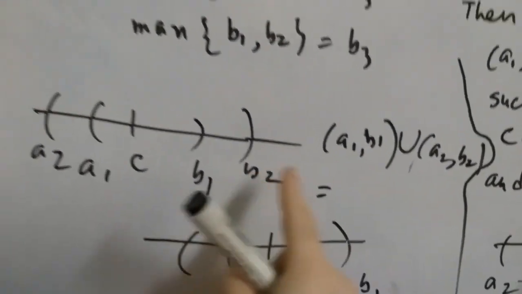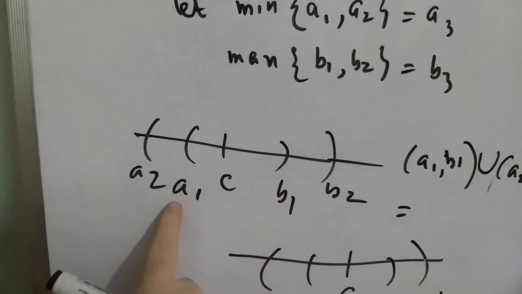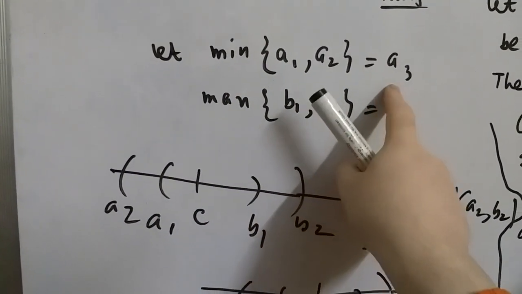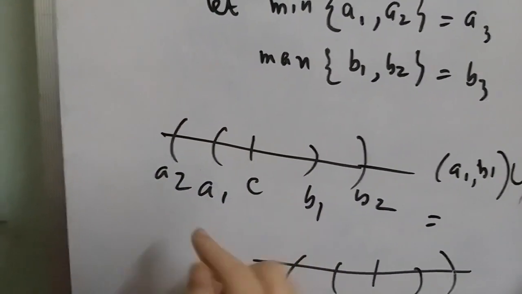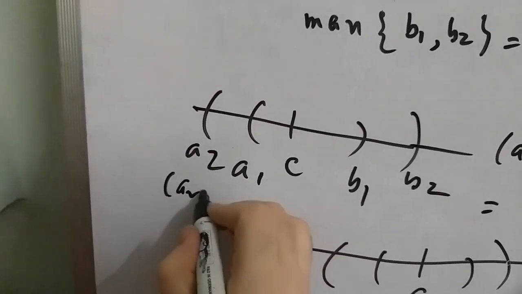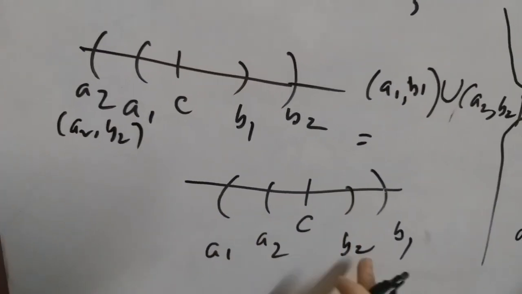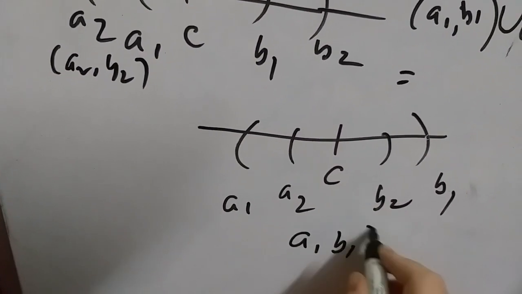Now see from this figure, a2 is less than a1 and minimum of a1, a2 is equal to a3. So from this (a1, b1) union (a2, b2) is equal to (a2, b2), and from this (a1, b1) union (a2, b2) equals (a1, b1).